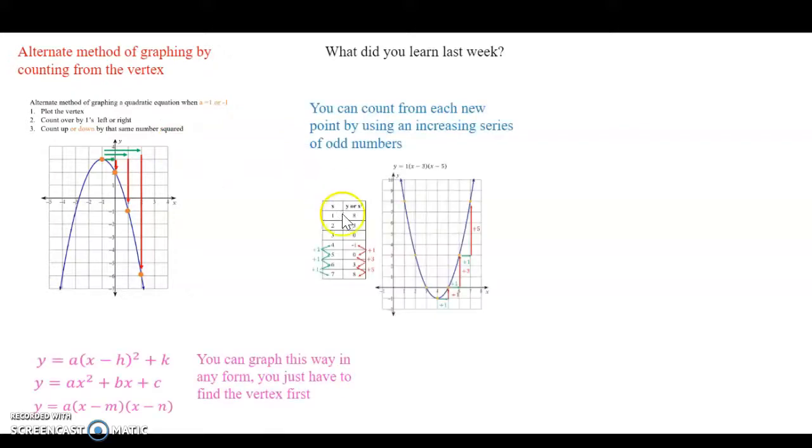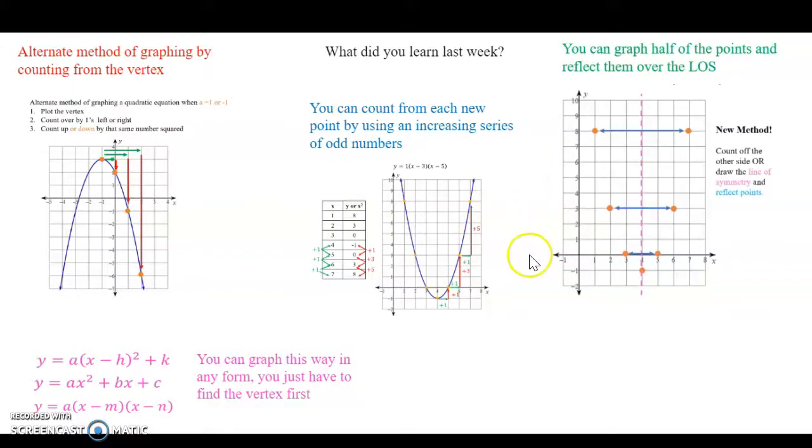Another method you learned is the stepping method. Instead of starting from the vertex every single time, you go from 1, 1, and then from that point, the next point will be 1, 3, then 1, 5. This works again when a is 1 only. The vertical change increases in an odd series: 1, 3, 5, 7, and so on.